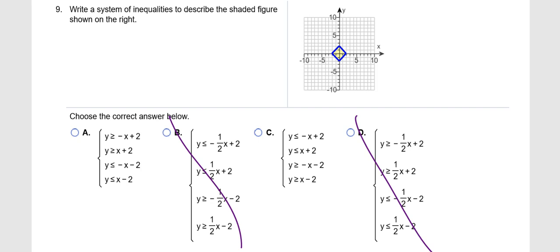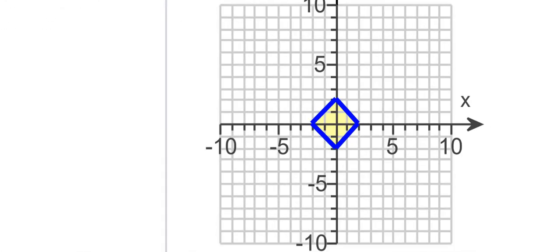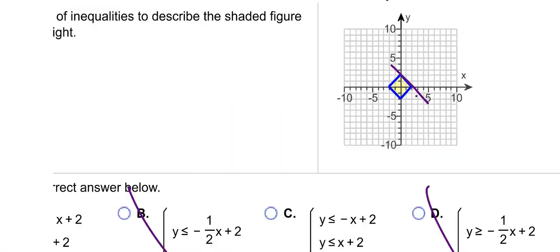You could probably answer it really quickly with the very first inequality, negative x plus 2. Isn't that this one right here? So which way do we want to go? Do we want to go below that or above it? Below that one, right?